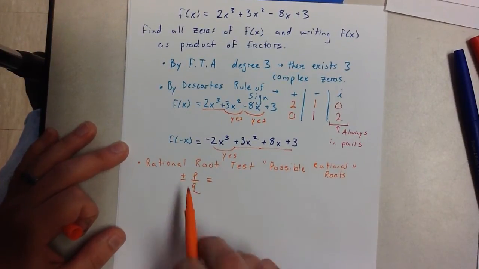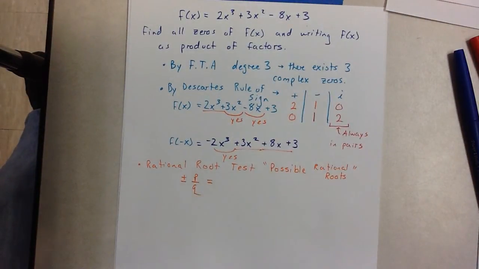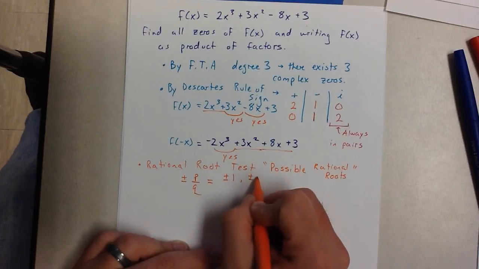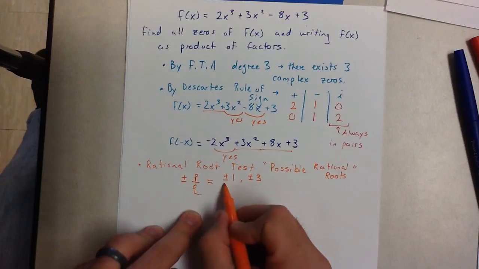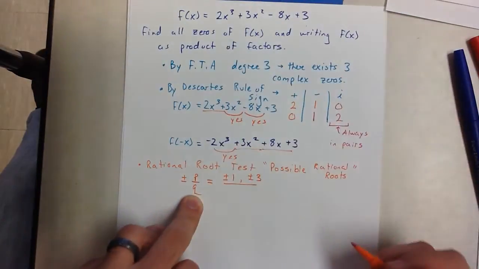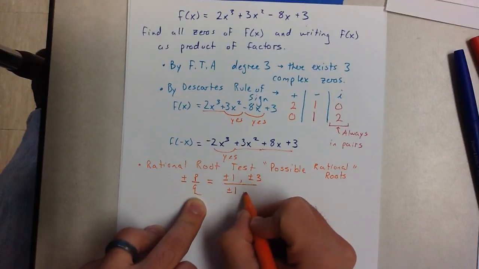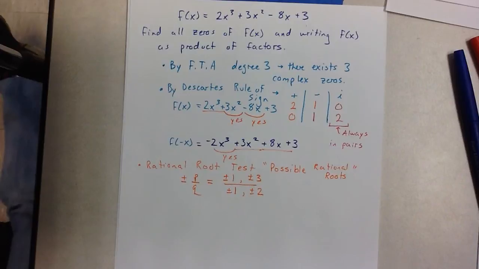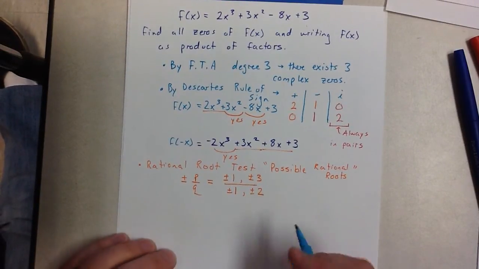So P are the factors of the constant. We have a constant of 3, so our factors are 1 and 3. Then we have q, factors of the leading coefficient. That would be positive or negative 1, positive or negative 2. Not bad, and this is a rather small list relative to the previous one where we had 20 possibilities.